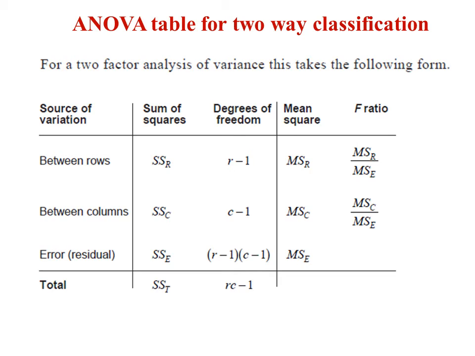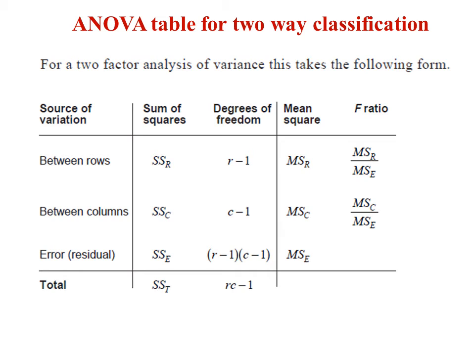In our previous case, the column alone came. The sum of squares is SSR, the degrees of freedom is R minus 1, the mean square is MSR, and the F ratio, whichever is the highest value, will come in the numerator: MSR by MSE. Between column means, SSC, its degrees of freedom is C minus 1, the mean square is MSC, and the F test formula is MSC by MSE. The error term will come in the denominator for both cases, right?